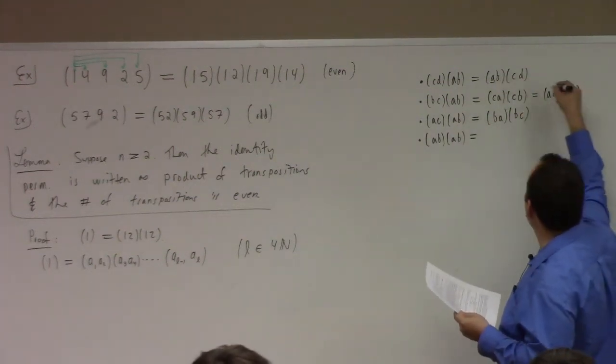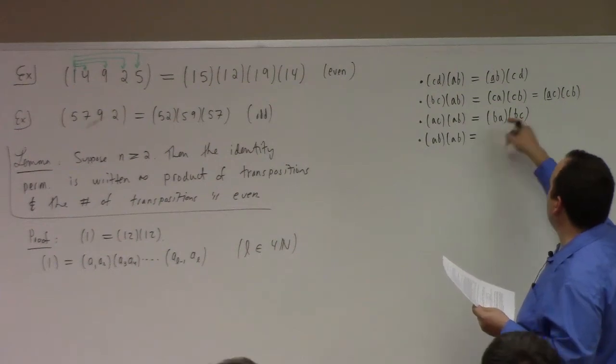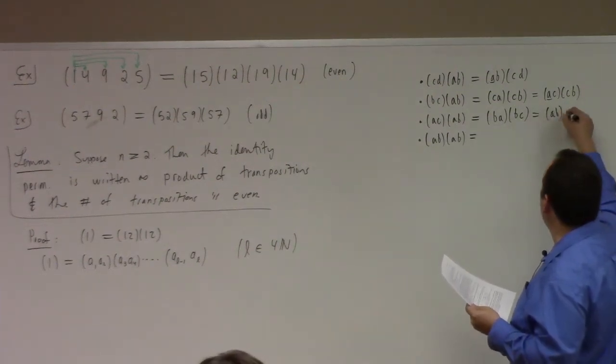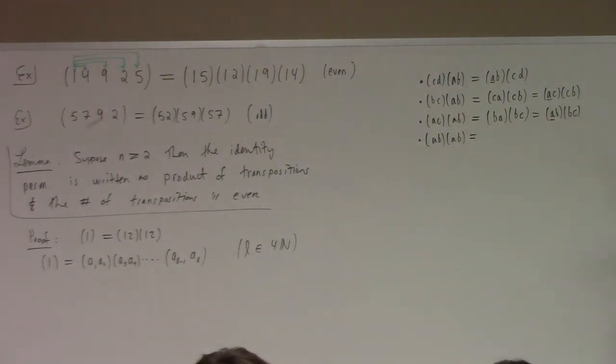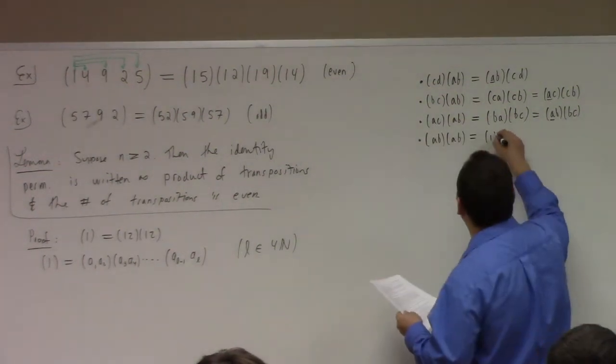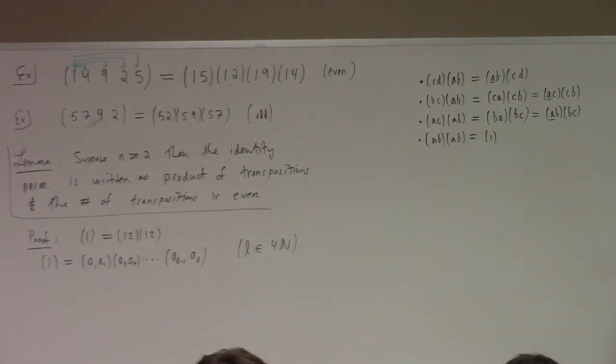And over here, again, we've moved A to the left. And of course the last one is the identity. And we cancel it out completely.